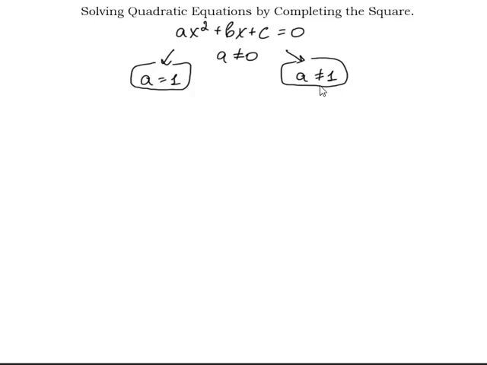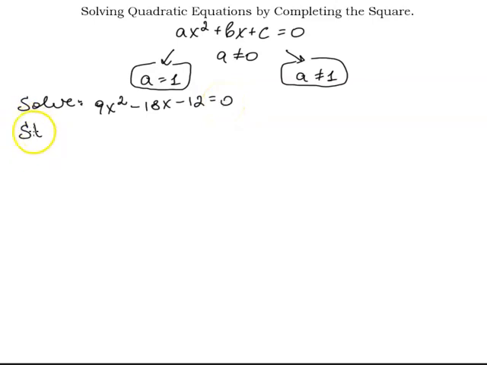The example that we'll be using: we will be solving the equation 9x squared minus 18x minus 12 equals 0.